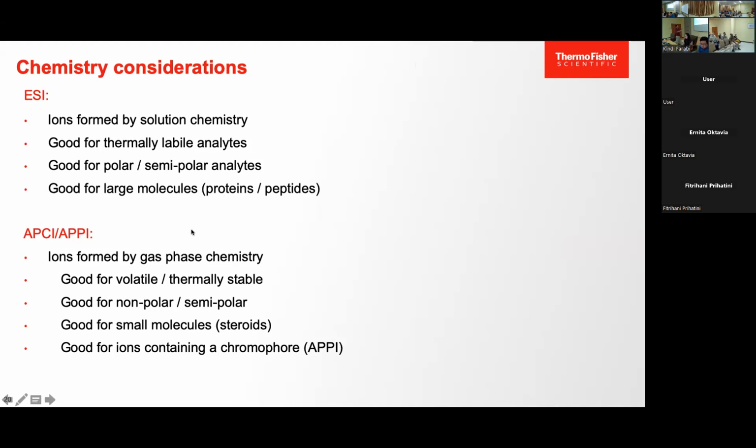If you are dealing with steroids, small compounds, or vitamins, then you go for APCI or APPI. If you don't choose the correct ionization, your compound cannot ionize, which means it cannot be detected. For natural products and organic synthesis compounds, 95% will work on ESI. You may have the lucky 5%, sometimes you need 8%.